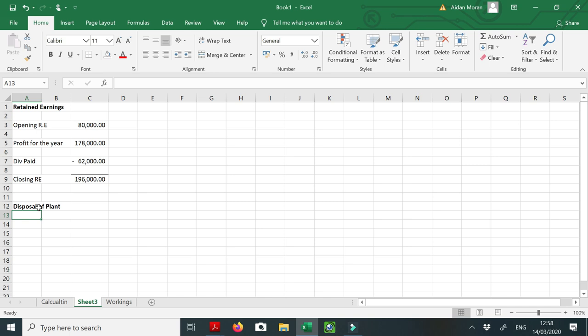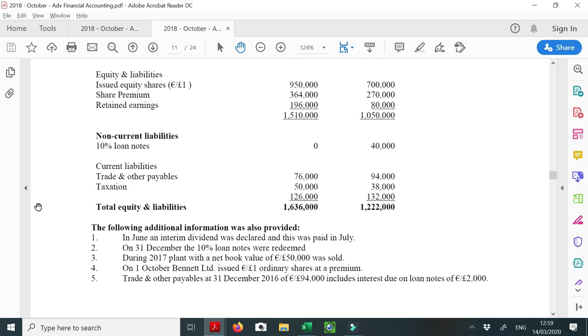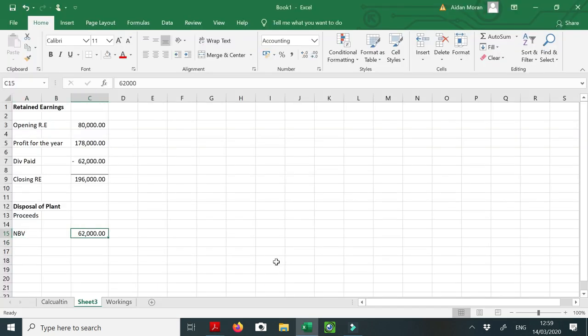I'm not trying to make this perfect. So I sold something, so I got in some proceeds, which I don't know how much it was. The net book value was 50,000.